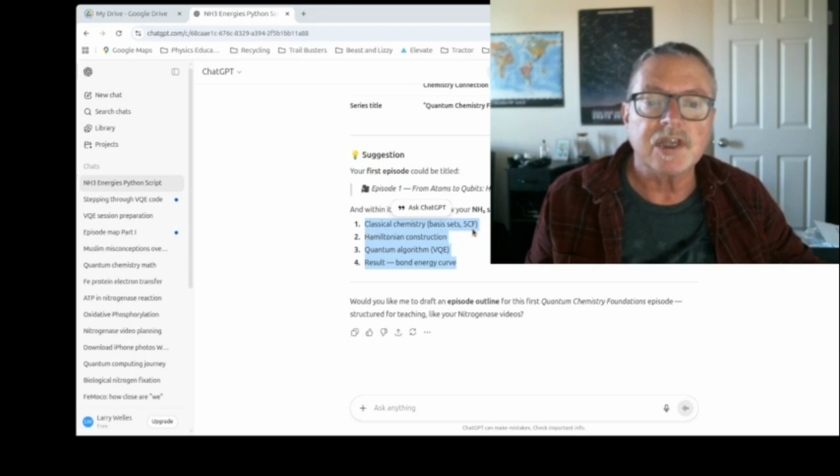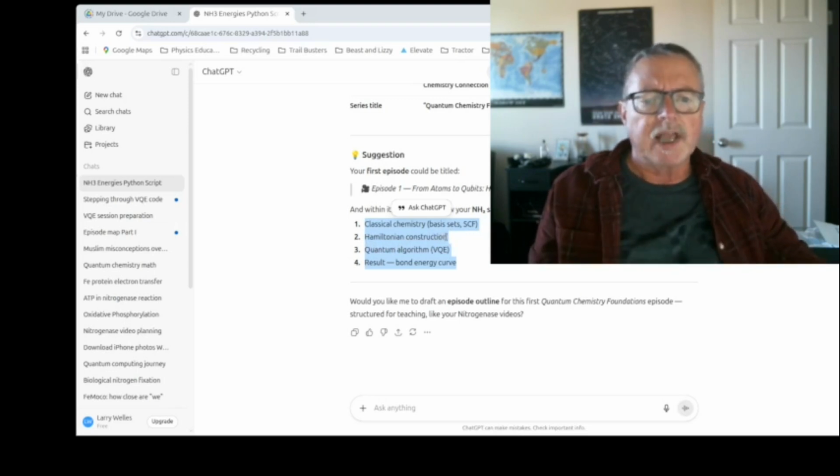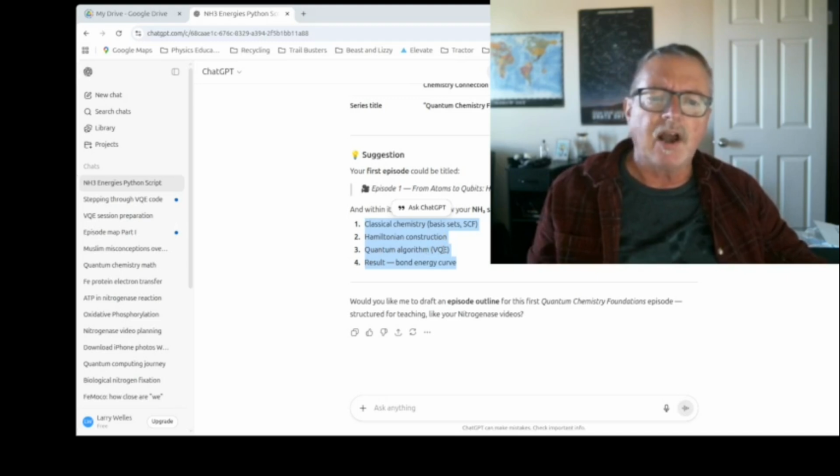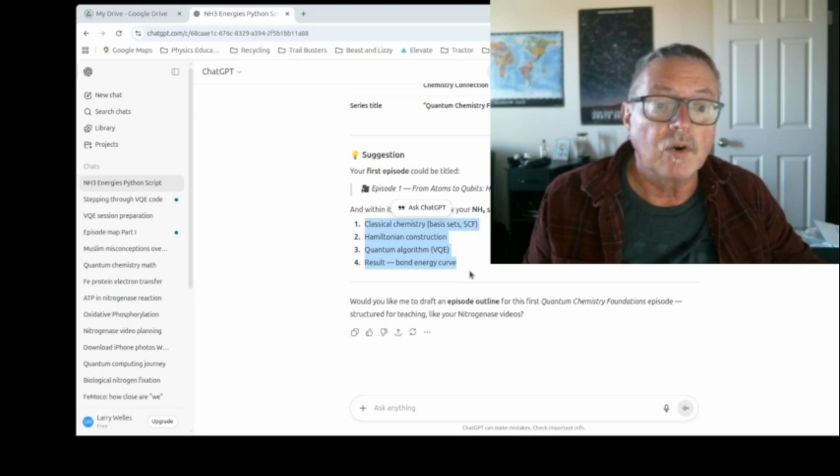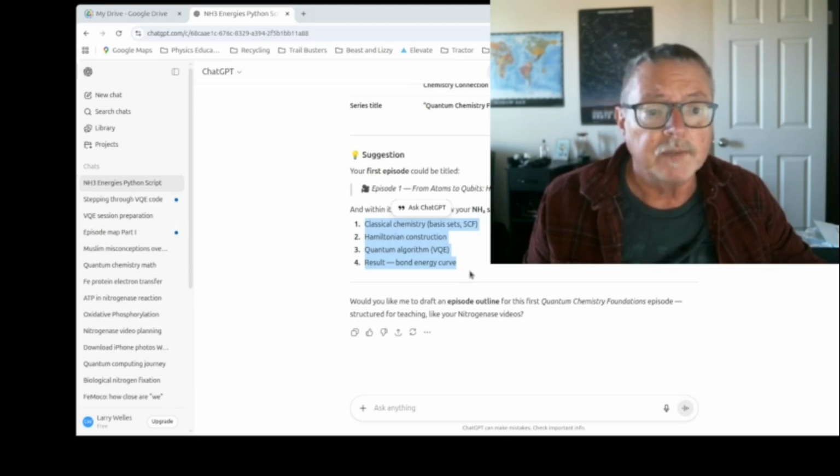Here's that SCF and Hamiltonian construction, which is the quantum mechanical energy operator. Then the quantum algorithm, and this is a hybrid between classical and quantum computing methods. And then you know the result, we get the bond energy curve. After this, go to the playlist, if you dare, of quantum chemistry for quantum computing.